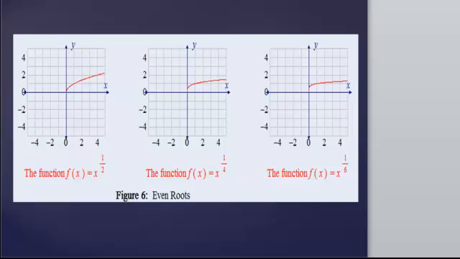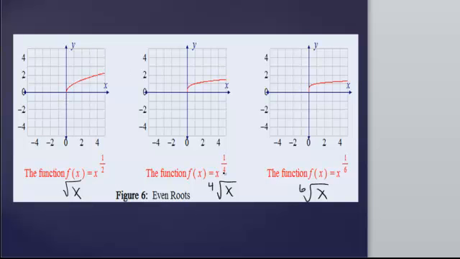The next type of function we're going to look at would have even roots, like x to the 1/2 power. Remember, that's the same thing as the square root of x. This one's the same thing as the 4th root of x. This one's the same thing as the 6th root of x. This one may be a little bit easier to see the differences than the ones that had the odd roots on the previous page. This is your parent function, the square root of x.